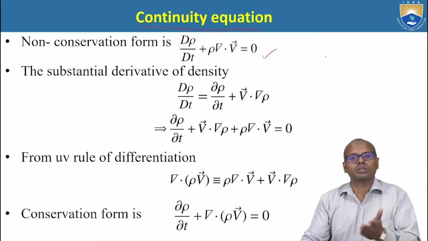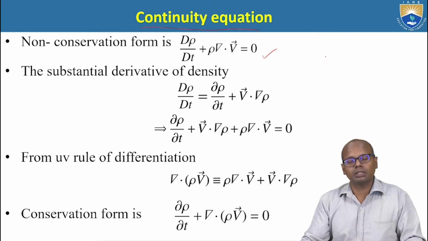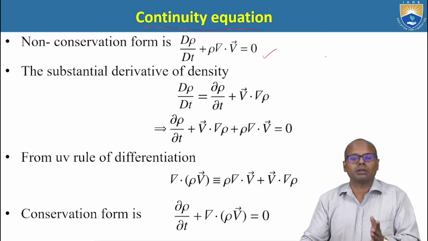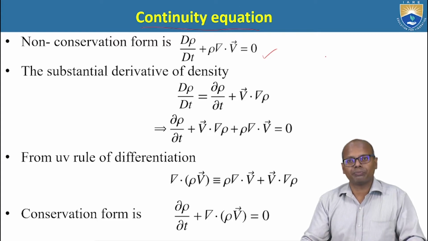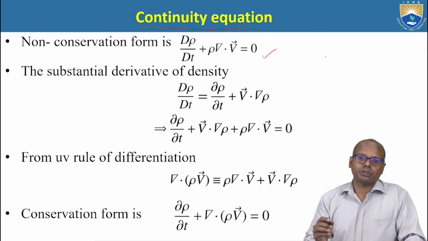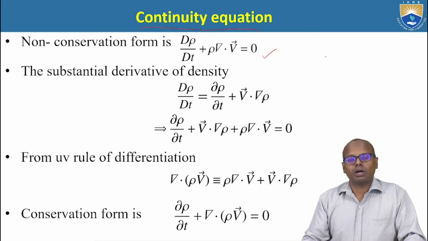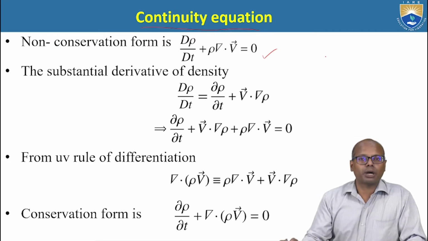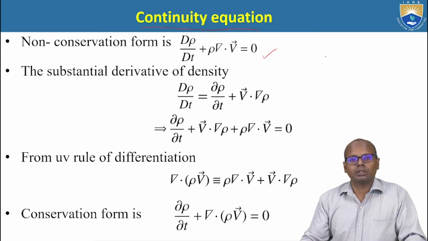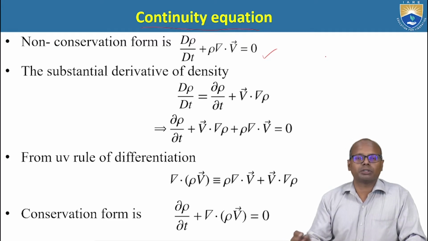If we use that model, what we'll directly get is a partial differentiation form but a non-conservative form.